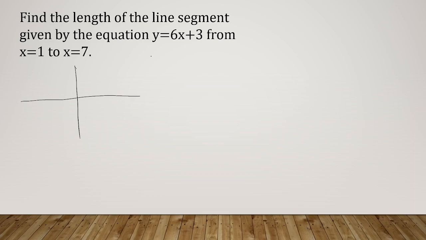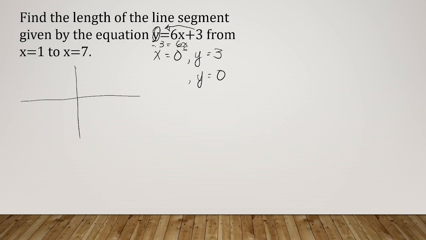So, this will be x and y intercept. When x is equal to 0, what is y? Y is equal to 3. When y is equal to 0, what is x? So, kung 0 to, tapos transpose mo tong 3, so magiging negative 3 equals 6x.